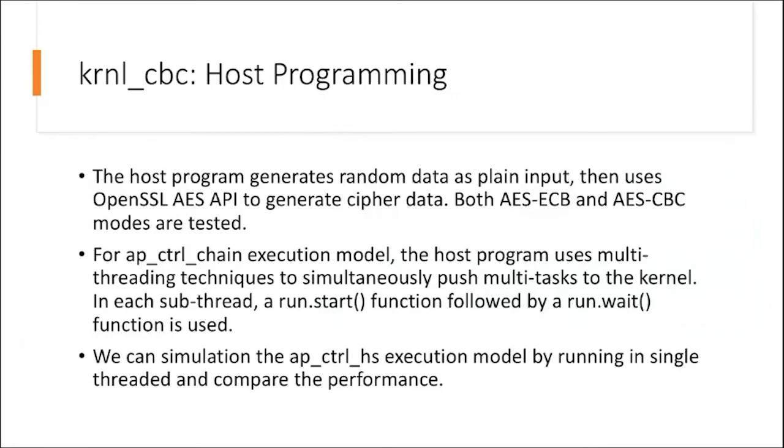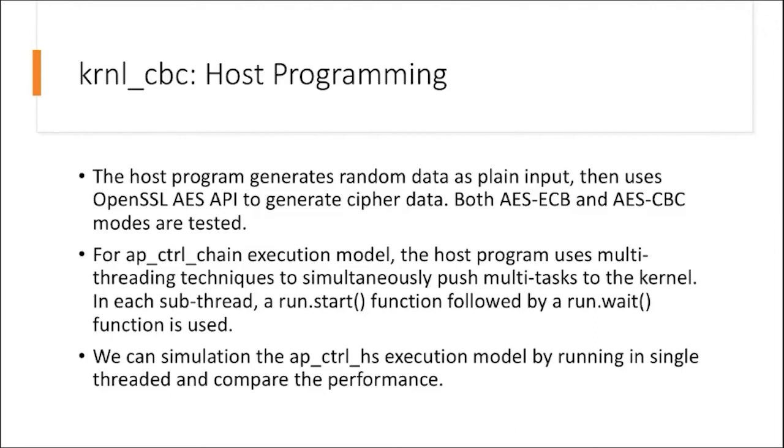And for the host programming, similarly, we generate random data and use the OpenSSL AES API to generate the cipher data. In this case, both AES ECB and AES CBC modes are tested.